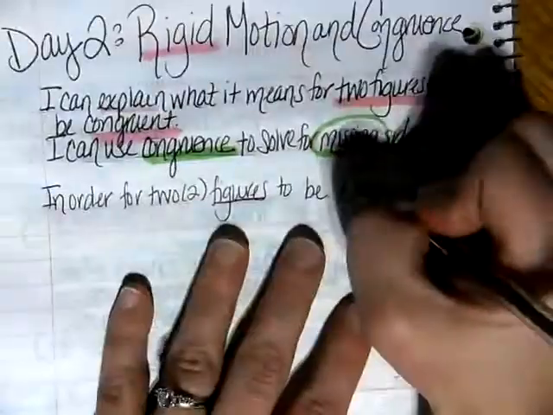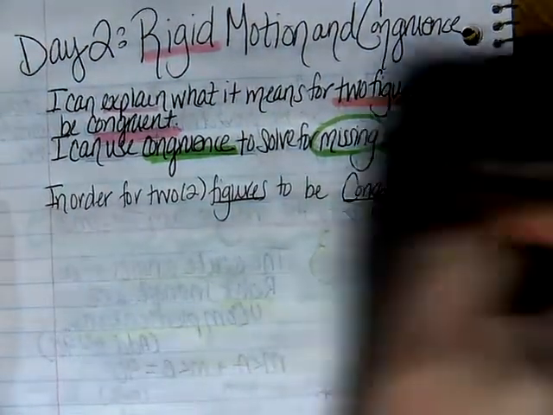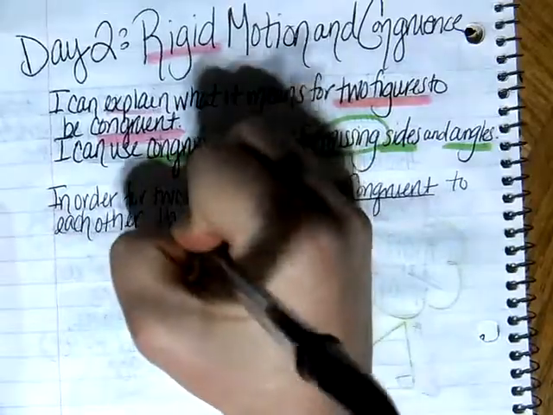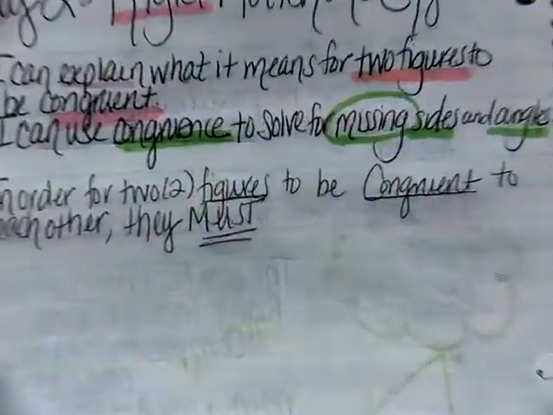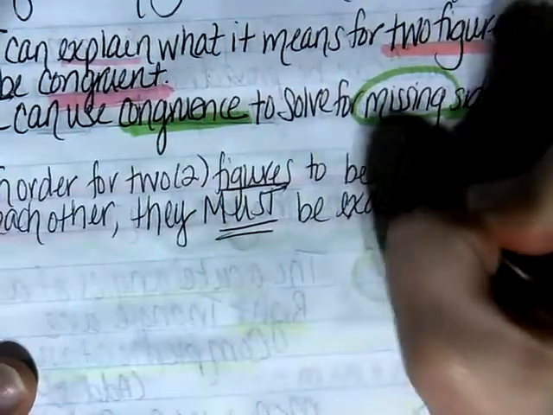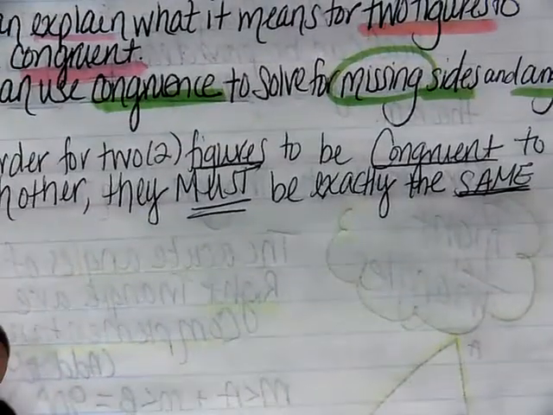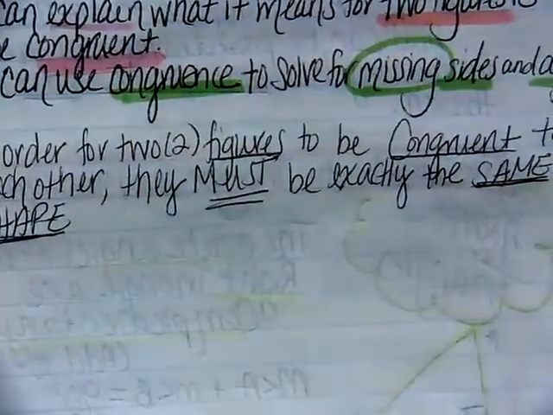In order for any two figures to be considered congruent to each other, they must be exactly the same shape and size.